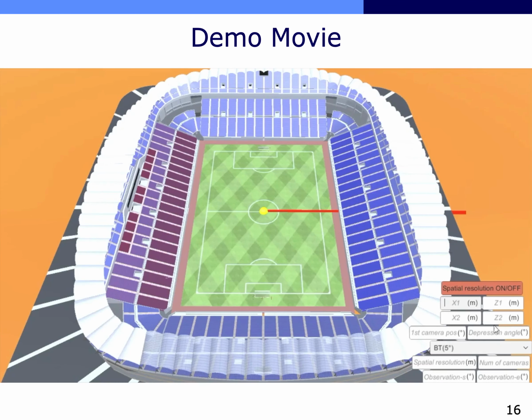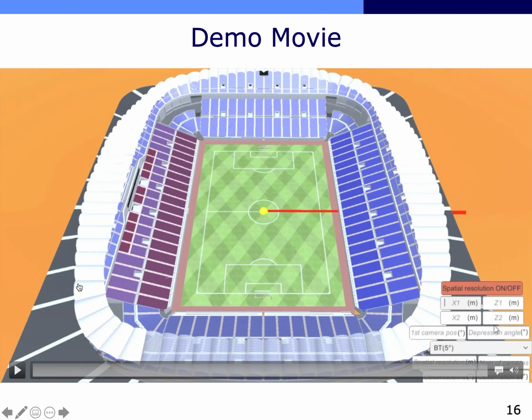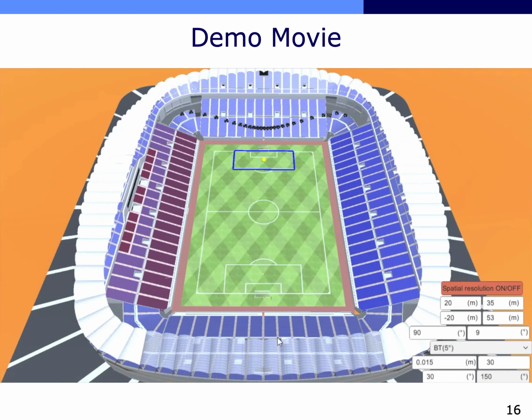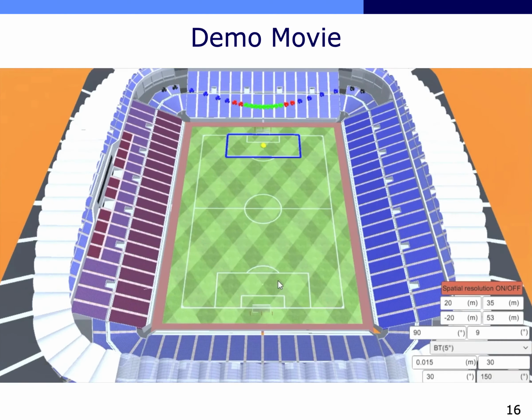Here is our demonstration video once again. First, we enter the shooting conditions in the lower right-hand column. After entering all conditions, the camera icons will be placed on the 3D model.